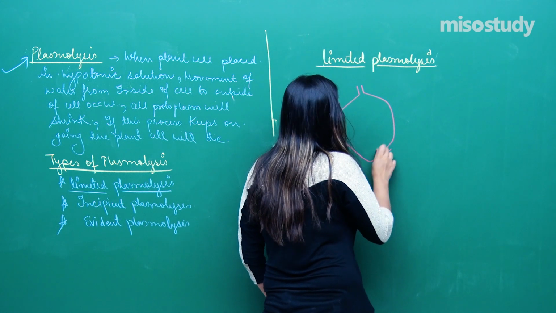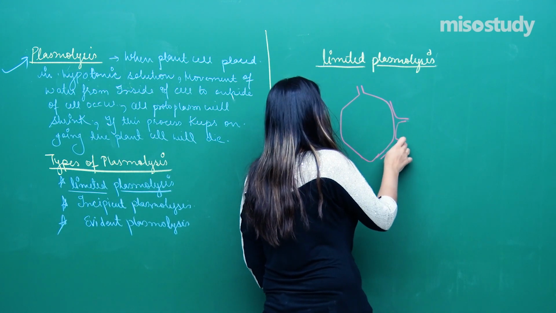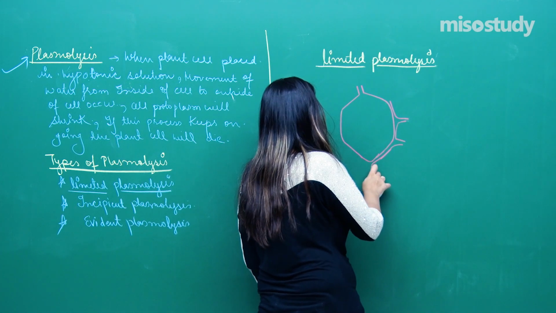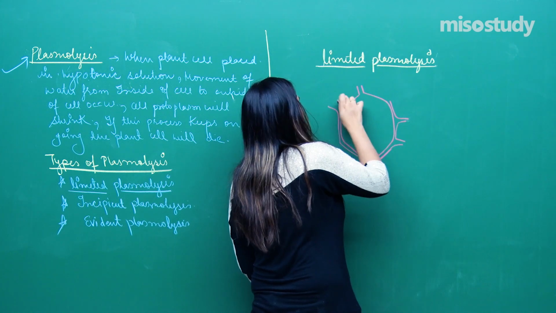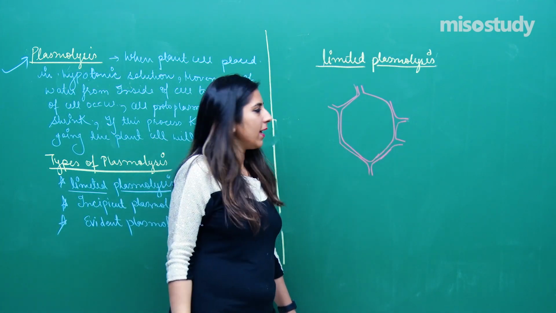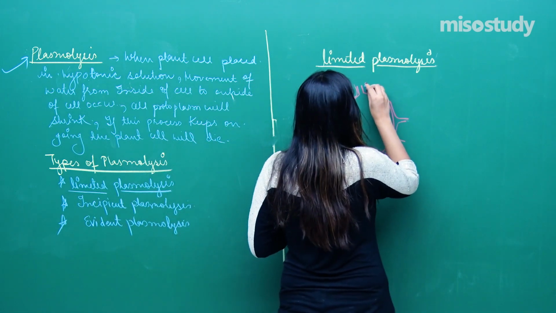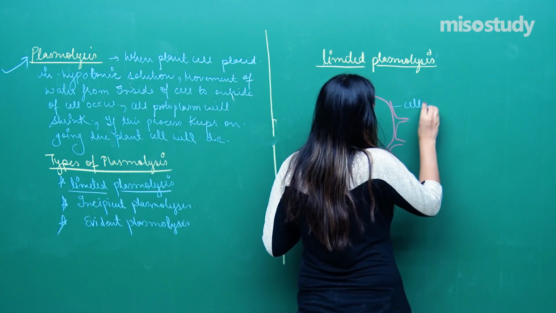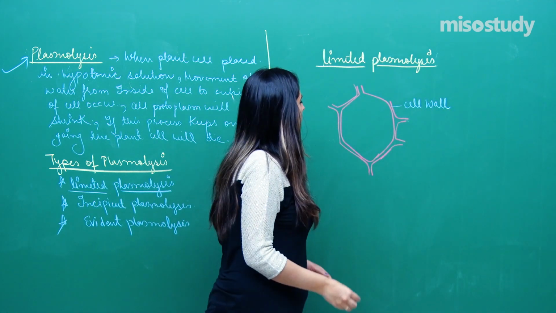So this is how a plant cell looks like. In the plant cell, this is the outermost cell wall.